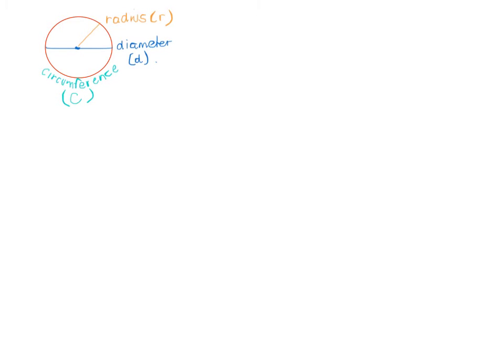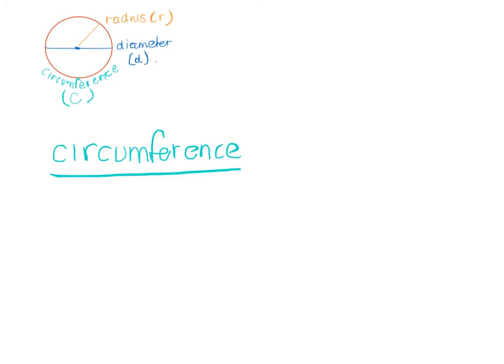If I look at the ratio of circumference to diameter, so that means if I take the circumference of a circle and divide it by the diameter, and I can write that as C over D, I'm going to find that that value is always constant.